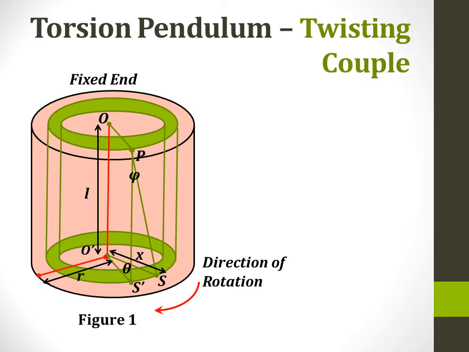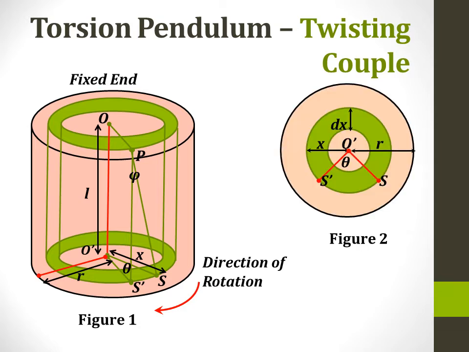The second picture, figure 2, will give you a clearer idea. This green colored shaded portion is a hollow cylindrical tube which we are considering. It has a radius x and a thickness dx.